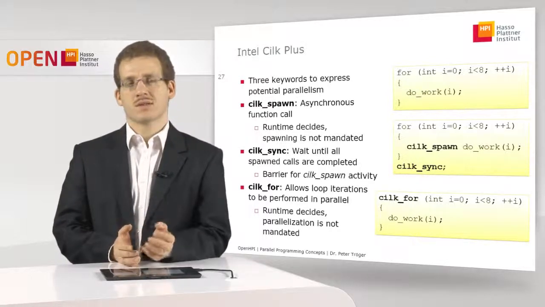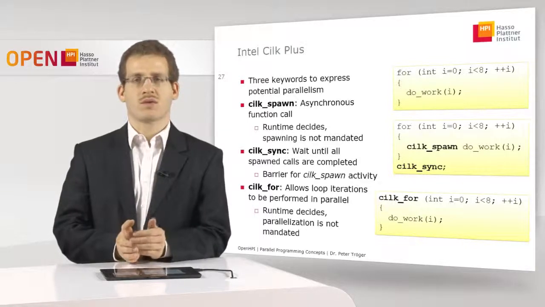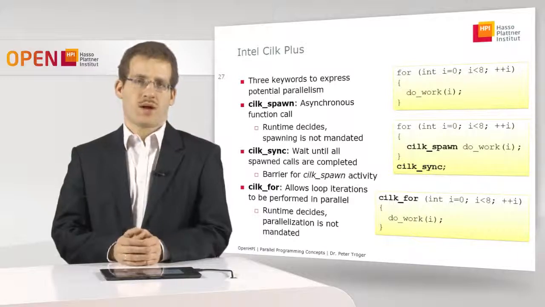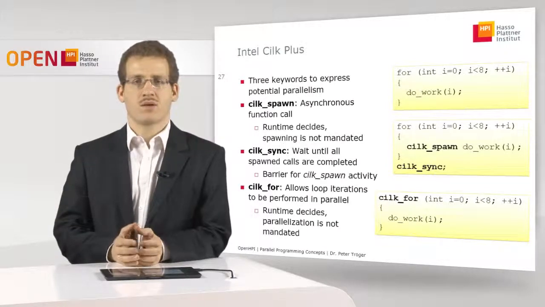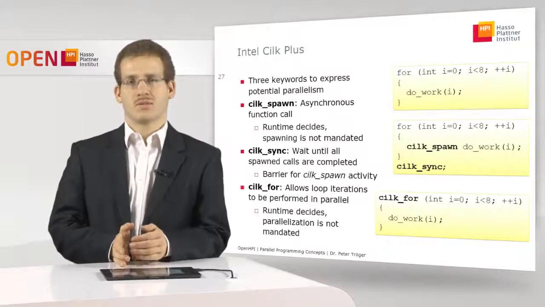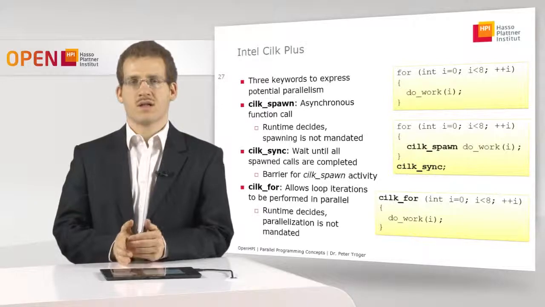cilk_sync is the second keyword, and this allows you to wait until all spawned calls are terminated. This is more or less a barrier implementation again, where you are able to declare that you want to wait until all the concurrent tasks that run now in your system are finished, and then you want to continue with your execution.